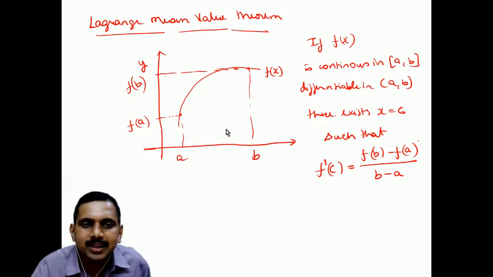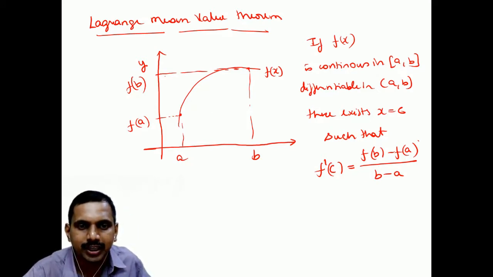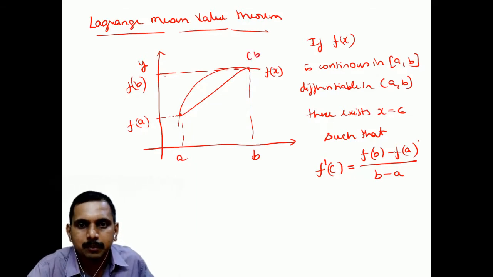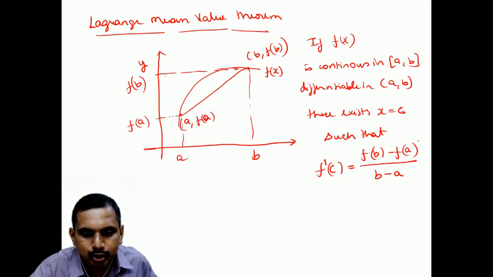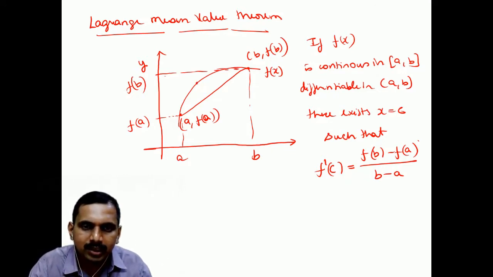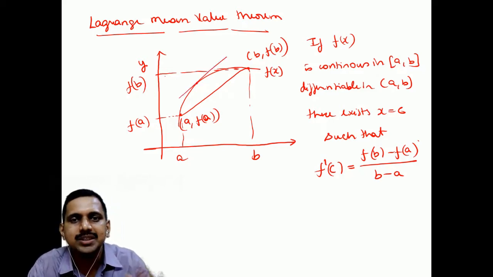There will be at least one c where the slope is equal to that of the secant line joining these two points on the curve, b comma f of b and a comma f of a. So there is at least one point on the curve where the tangent will be parallel to the secant line.